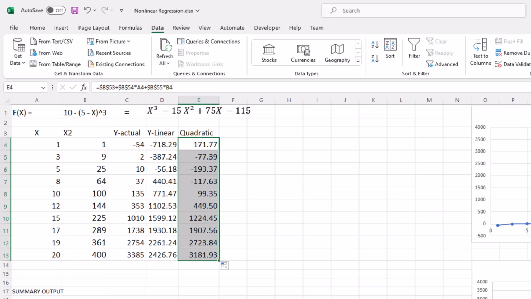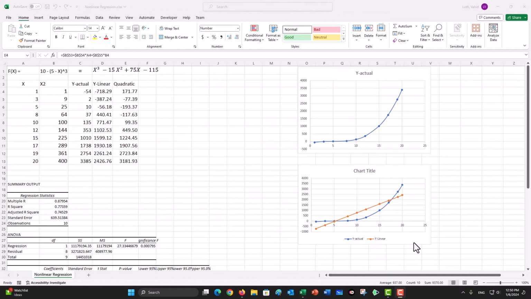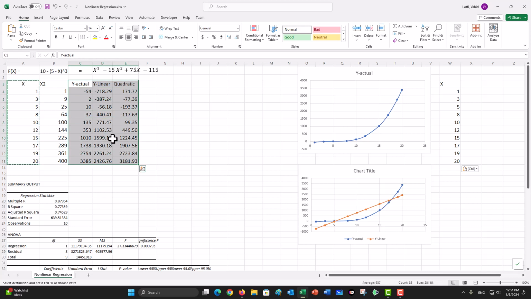Next, I am going to show the graph. I will use this area to temporarily store my data so that I can do the graphing, starting by copying the x values. And I'll do paste values, followed by actual, linear and quadratic.